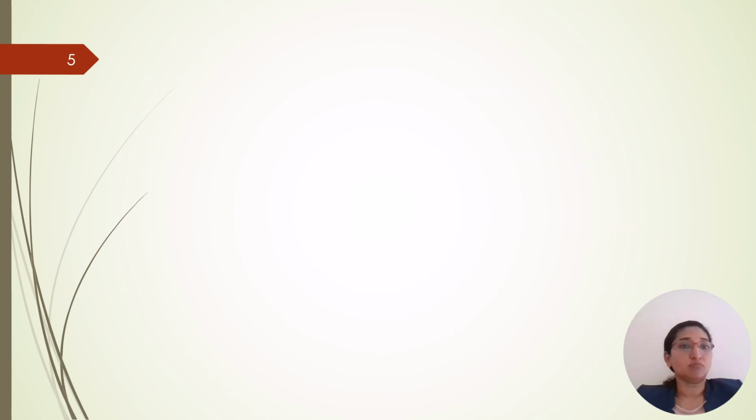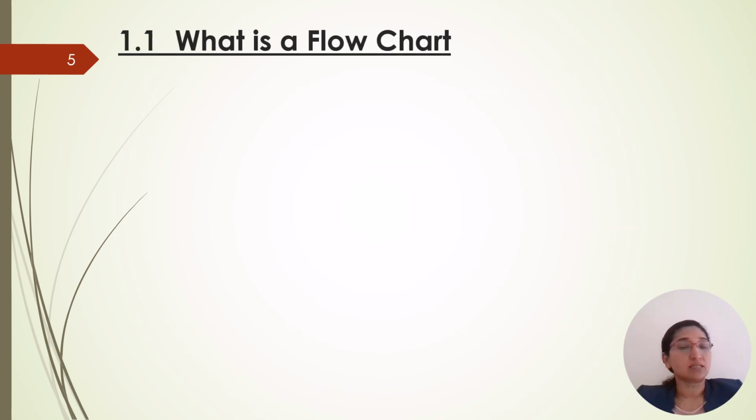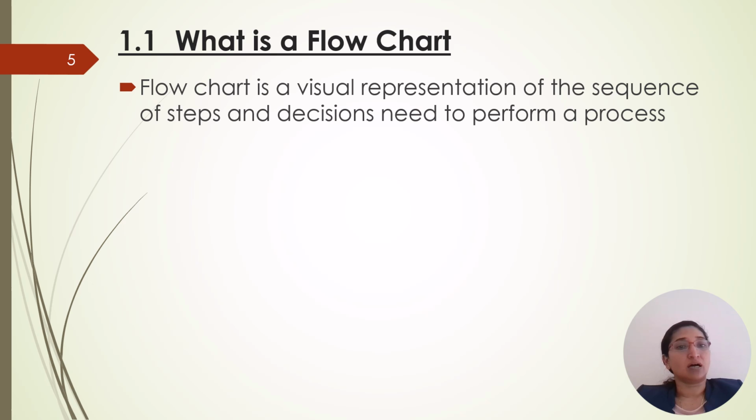So let's directly move on to what is a flowchart in general. What do you mean by a flowchart? A flowchart is a visual representation of the sequence of steps and decisions needed to perform a process or to achieve a task.